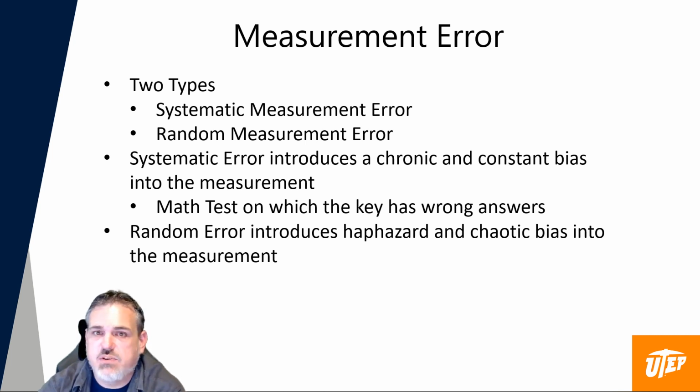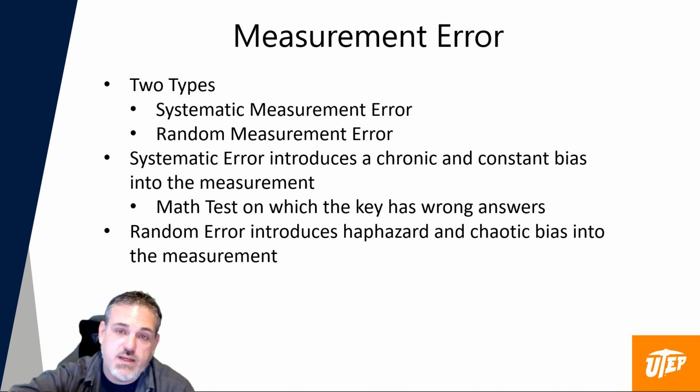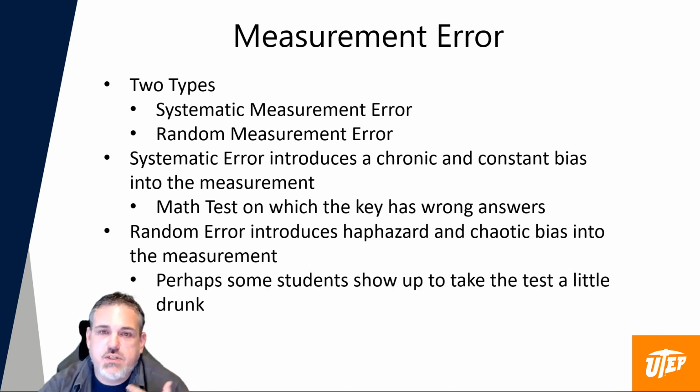So the actual device is flawed. But let's say we have a test that is free of systematic error, meaning that the test is written in a way that is easily understandable and the answer key is actually correct. So what would random error look like in that? Well, let's say, for example, some students showed up and took the test drunk.